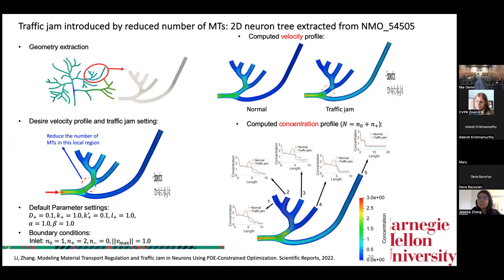We also tested this idea in the tree structures. So we take a small portion of the tree, this part, and we introduce the traffic jam by the reduced microtubules in this local area. And then we compare the velocity with the normal transport. You can see there are some blocking here.